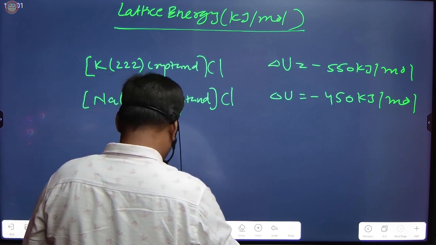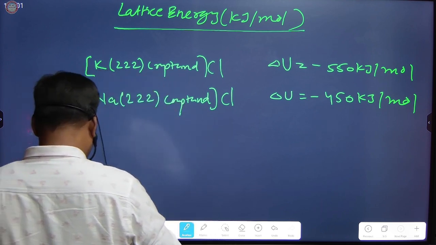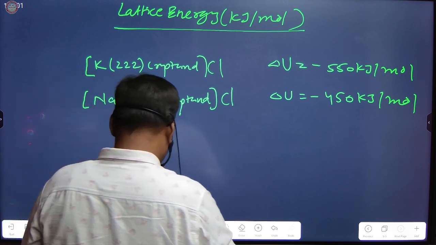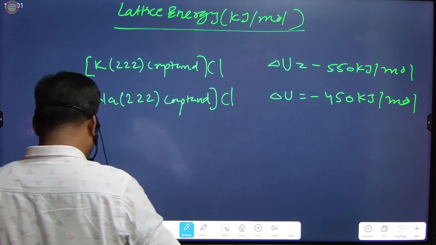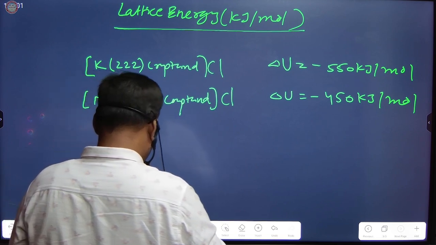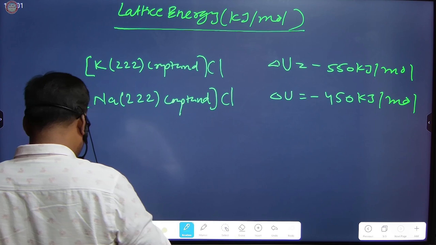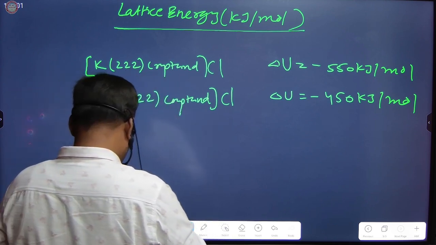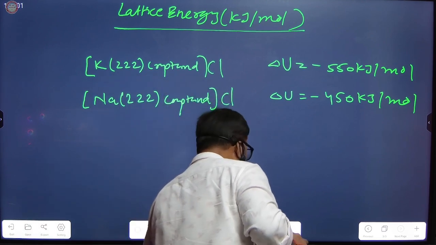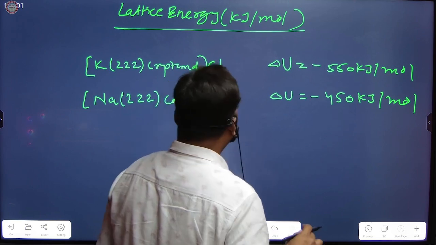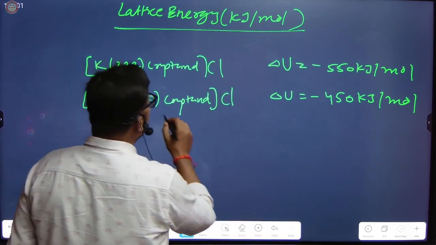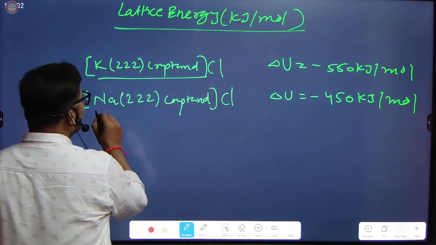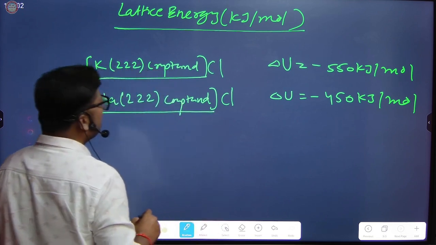And this is the beauty of this cryptand structure. Because of the size of the cavity, the lattice energy can be produced, and because of the electrostatic interactions and structure of the cryptands, that can be obtained. So this is the potassium cryptate and this is the sodium cryptate complex, right?